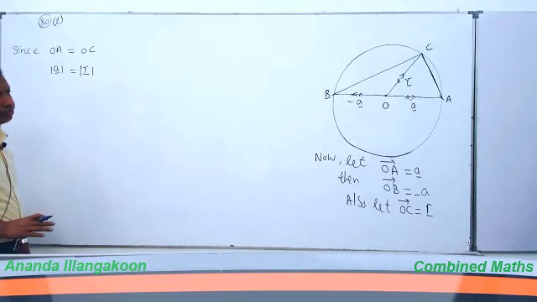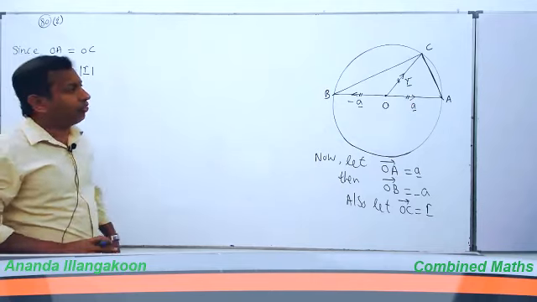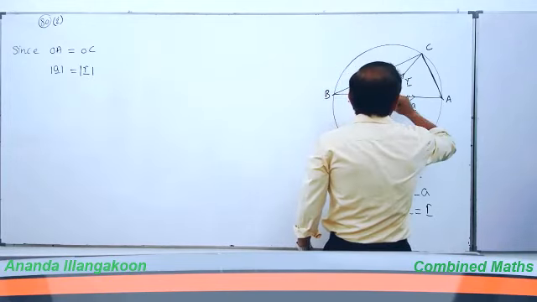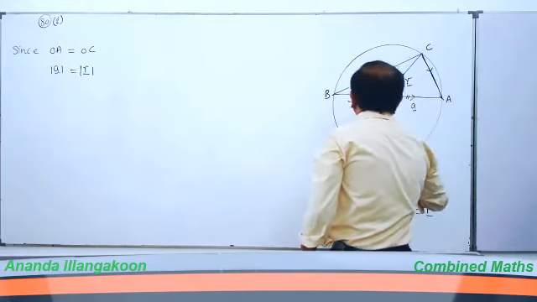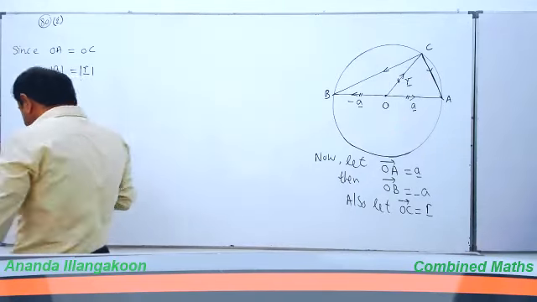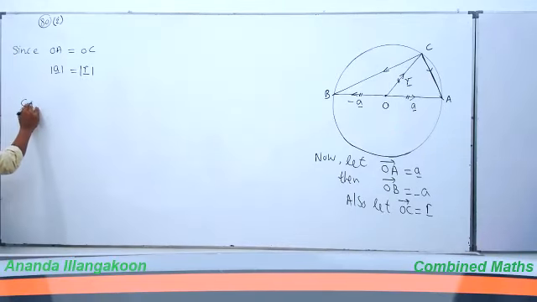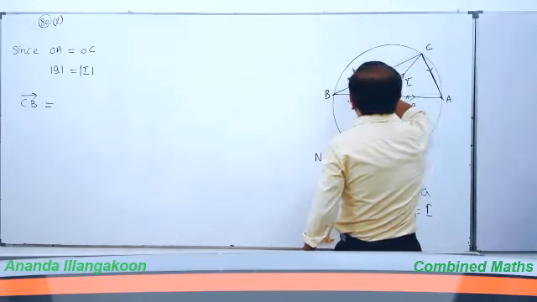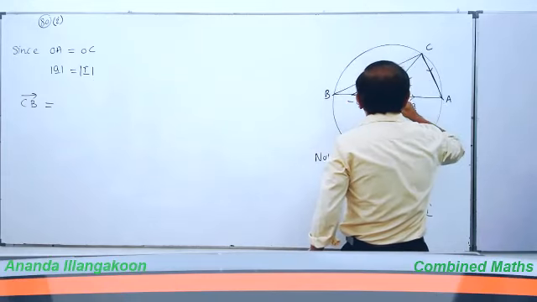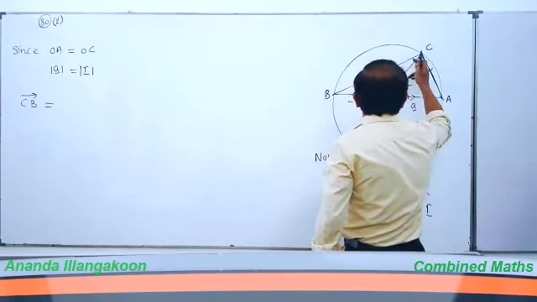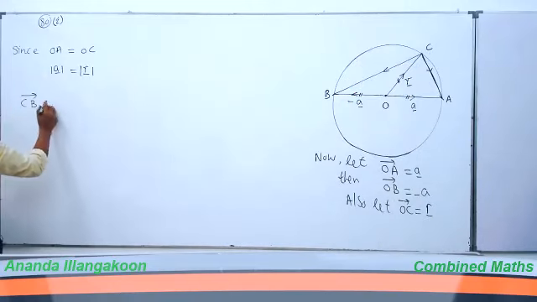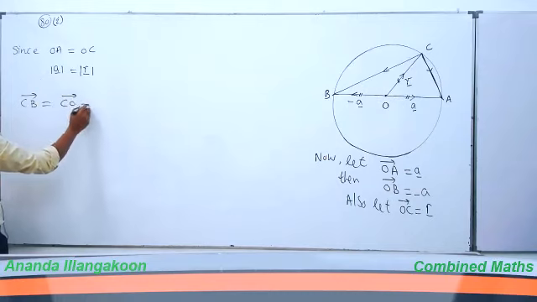Right. Now, first I am going to find this CB vector. Secondly, I am going to find the CA vector. What is CB vector? CB vector, how to write? C to B vector we can write CO plus OB.